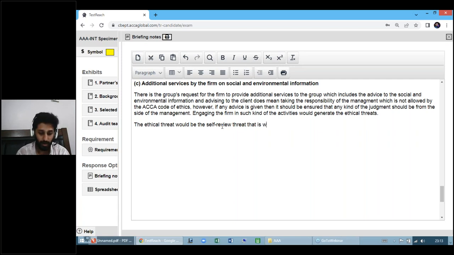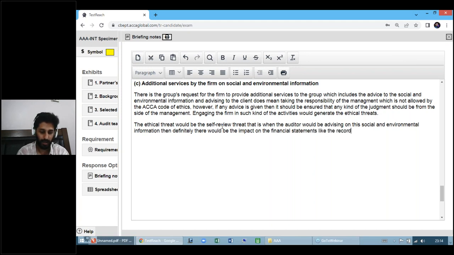That is when the audit team would be advising on this social and environmental information, then definitely there would be an impact on the financial statements, like the recording of the charitable figures.